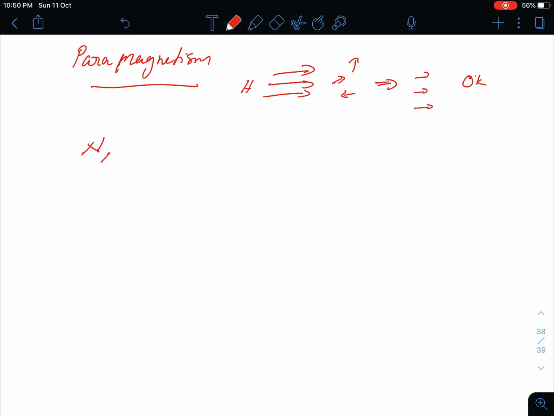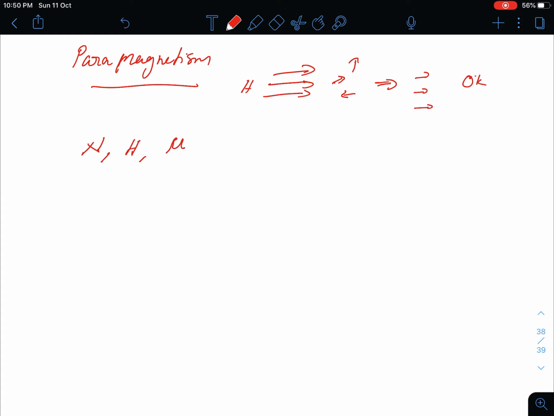You are applying an external magnetic field, let us say H. This is the magnetizing field, and each of the magnetic dipoles has a magnetic moment, say mu. So in the presence of the external magnetic field H, the dipoles will experience a torque tending them to align in the direction of the external magnetic field.